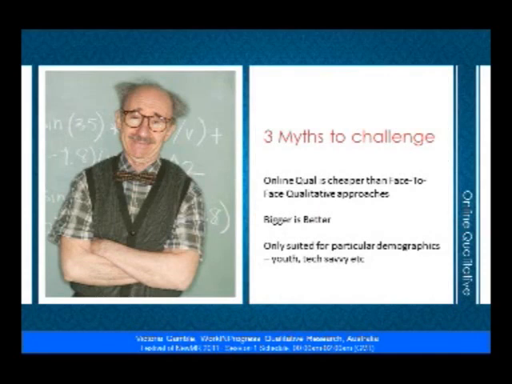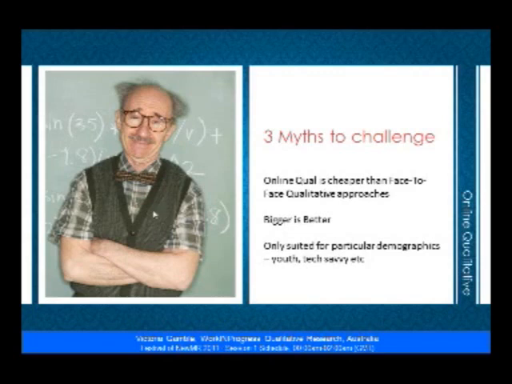Now, I also wanted to challenge three big myths, because I think these can be quite detrimental to trial, or perhaps the retrial, of online qual. The first one that I see people getting burnt by quite a lot is the belief that online qual is going to be cheaper than face-to-face qualitative research, and that's often not the case.